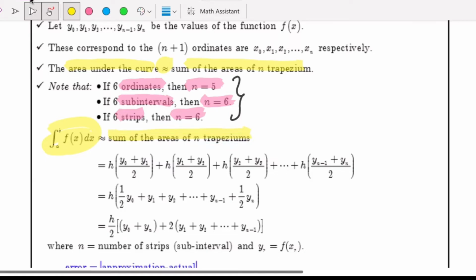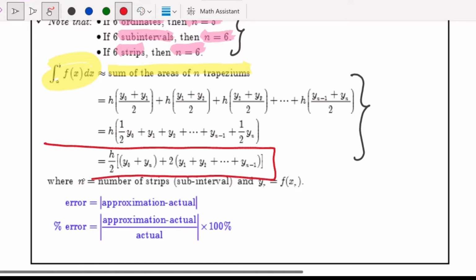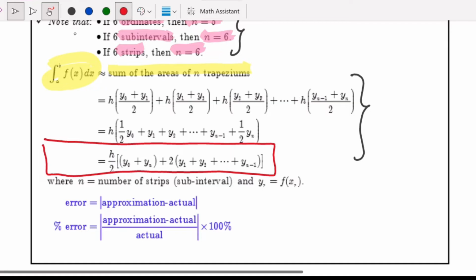This is the derivation of the formula for the area of n trapeziums. But the most important part that you really need to know is the last part, in the red box here. You need to remember this one.